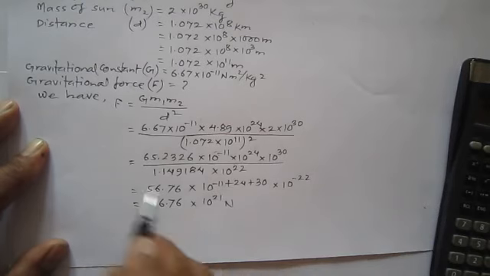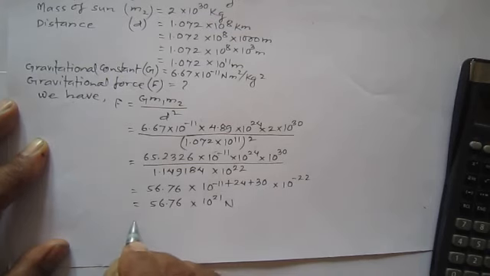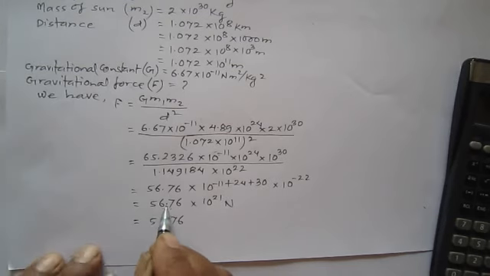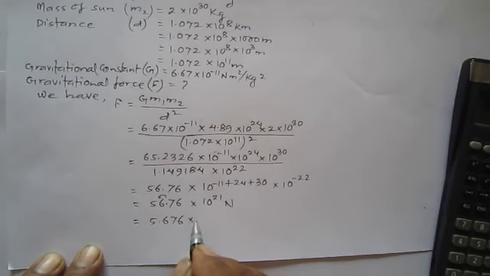And since force is measured in Newton, the answer should be in Newton. But this number is really written as 5.676. Usually we write the decimal point after one digit. That's why it is better to take this point to this place. If we take one digit back, then we must multiply by 10 to the power 1.